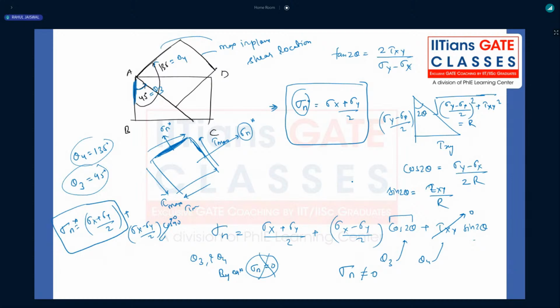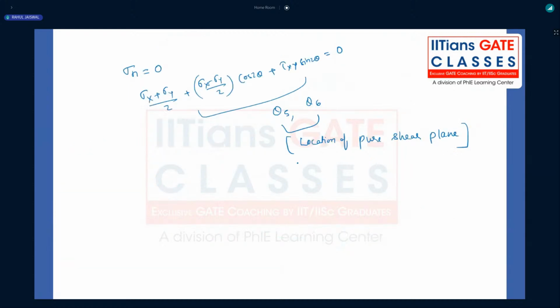Shall we solve the numerical? One more way you can find the tau maximum value. Now, some of you might be thinking, sir, what is the tau maximum value? What is the maximum in-plane shear stress value? Now we can determine it in two ways.